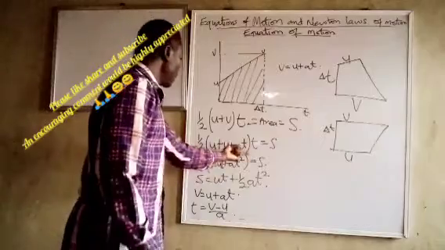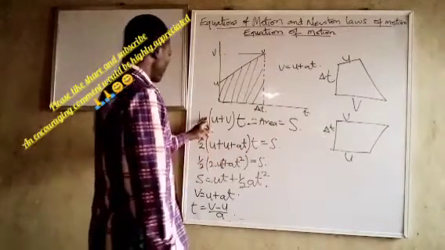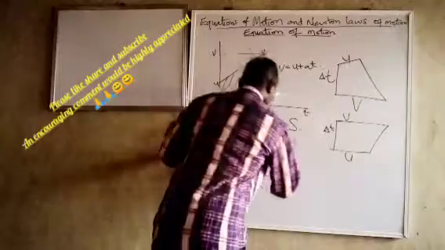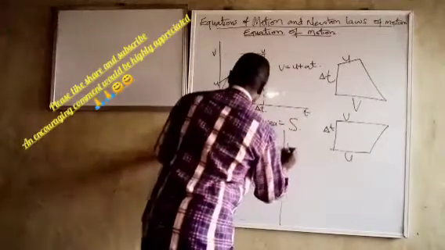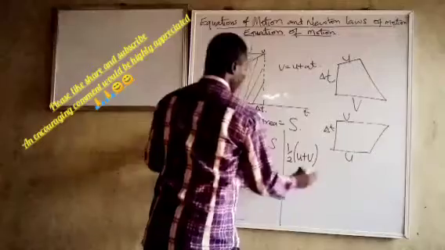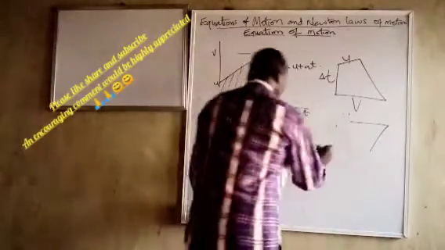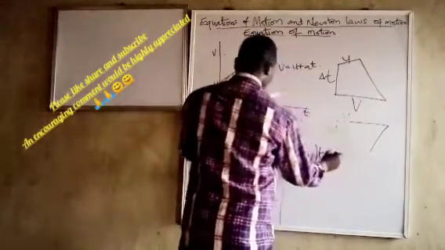And if you look at this place, we have half U plus V into T is equal to this area.